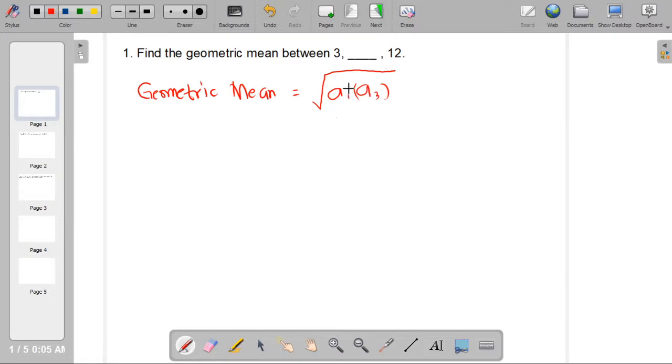Again, first, you need to find the product of those two non-consecutive terms, the a sub 1 and the a sub 3 for this case.